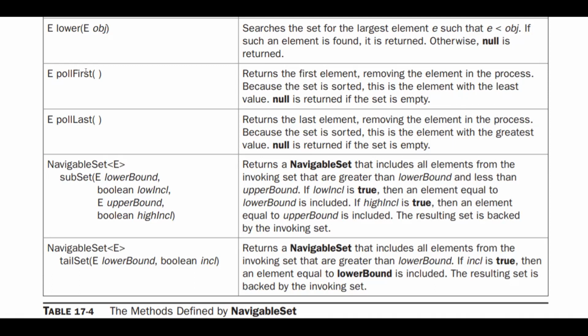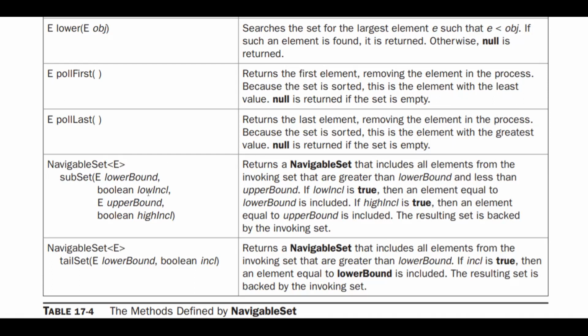The other methods include the subSet. Here in the subSet, we are passing 4 parameters, that is the lower bound and a flag indicating whether the lower bound value should be included or not, then the upper bound and a flag to indicate whether the higher bound should be included or not. Between these two bounds, whatever elements are there will be returned as a navigable set.